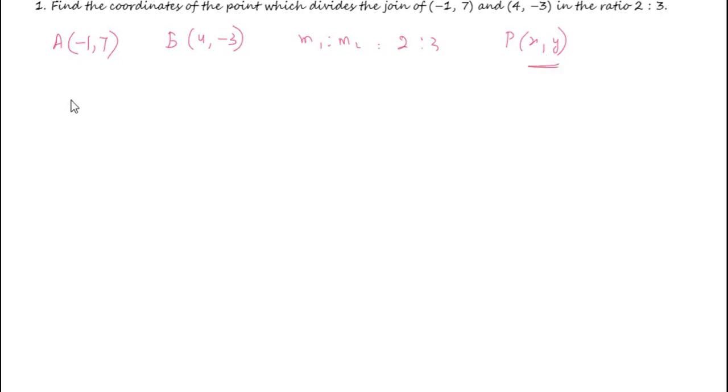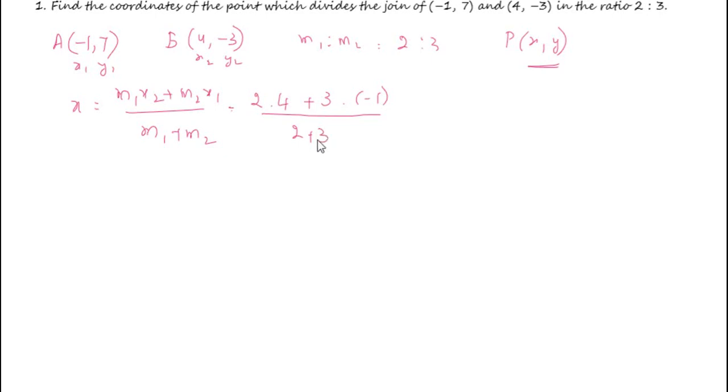Now from the section formula, x equal to m1 x2 plus m2 x1 divided by m1 plus m2. m1 equal to 2 into x2, x2 equal to 4, plus m2 equal to 3 into x1 equal to minus 1, divided by m1 plus m2 is 2 plus 3.